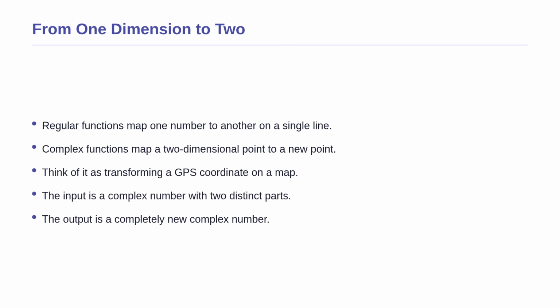Instead of taking a number from a single line, it takes a GPS coordinate from a flat map, a point with both a horizontal and a vertical position. When you feed this map coordinate into the machine, it processes it and spits out a completely new coordinate on a different map. This is exactly what a function of a complex variable does.